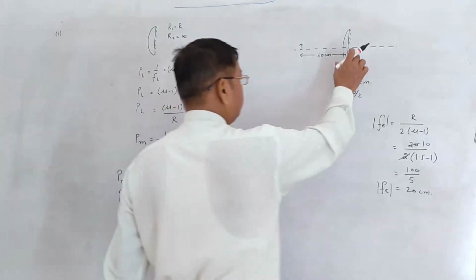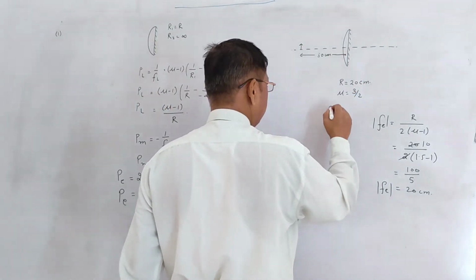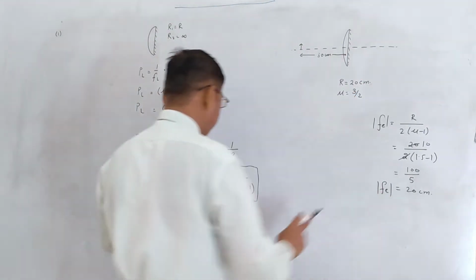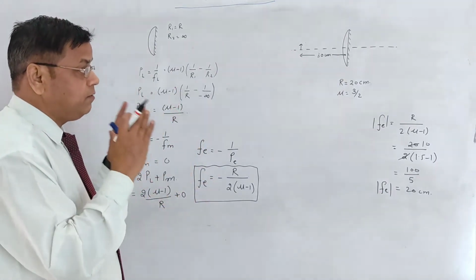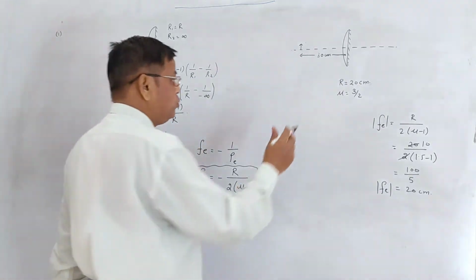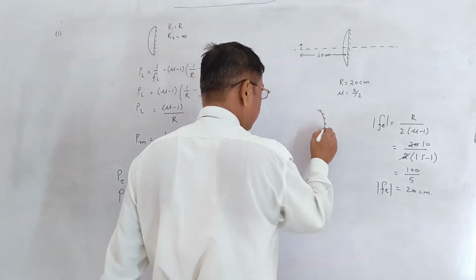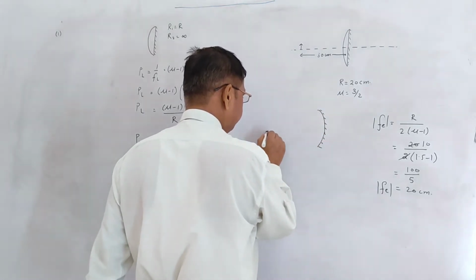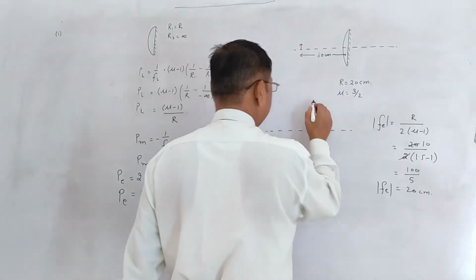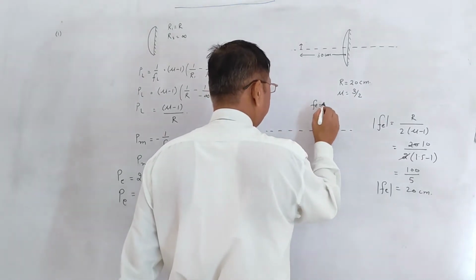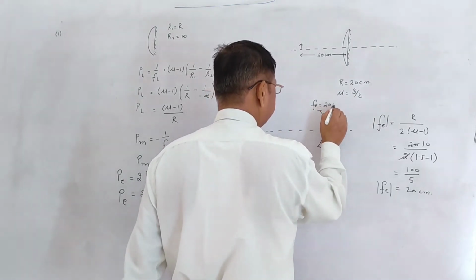Because the focal length will be negative, it will be like a concave mirror. So I can replace this by a concave mirror of focal length 20 centimeter.